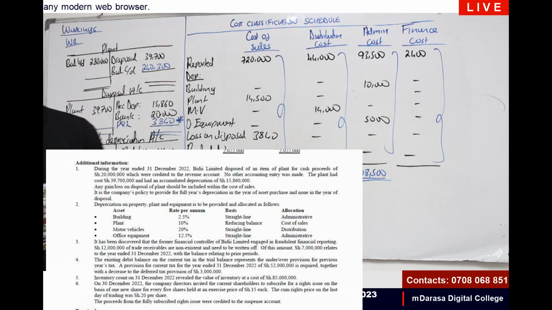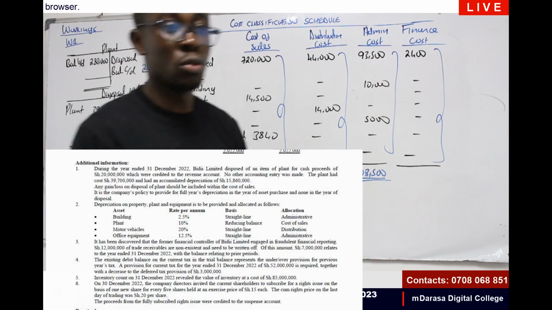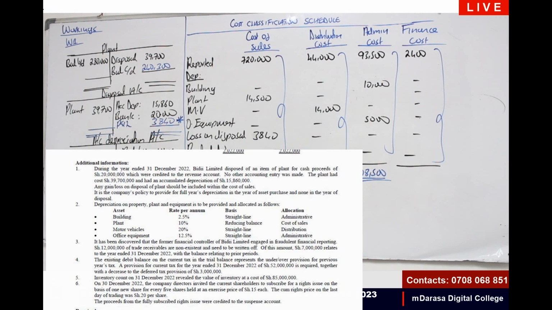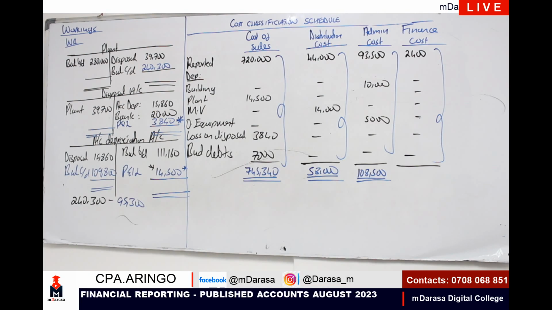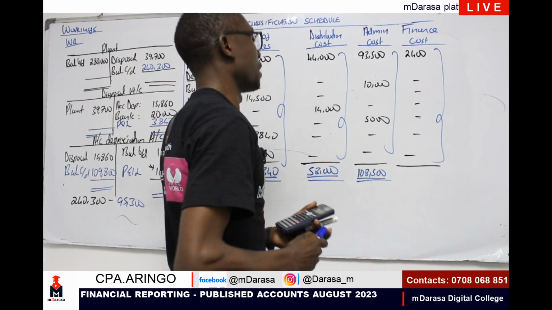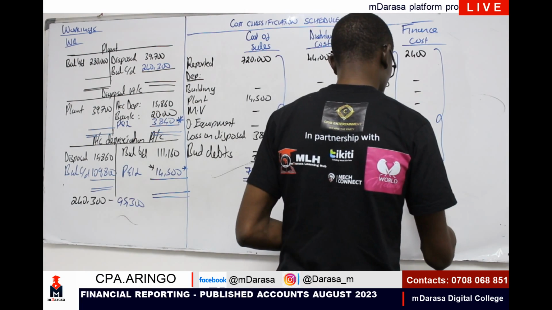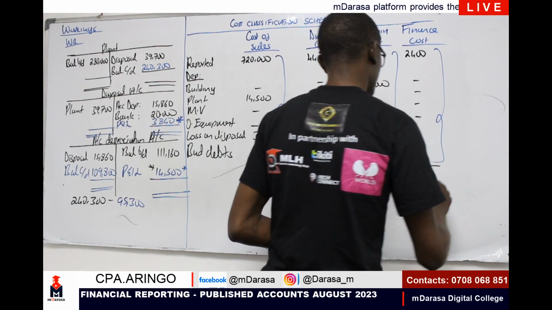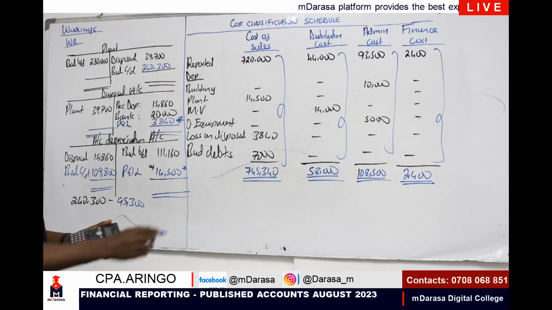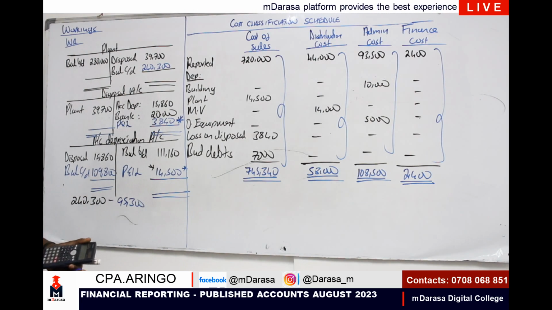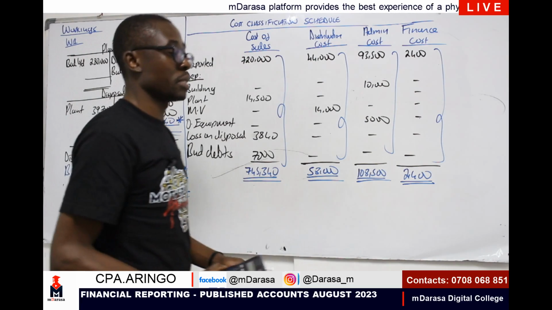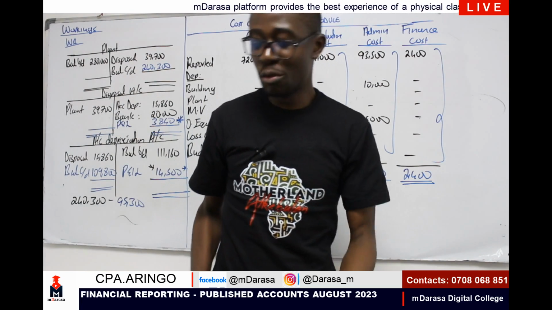I believe you guys are getting the same values with Mwalimu. Literally, I can remove this so that you can all see it. Then finance cost, I'm having 2,400 there. So these are the values that we will be copying and pasting directly in our books.